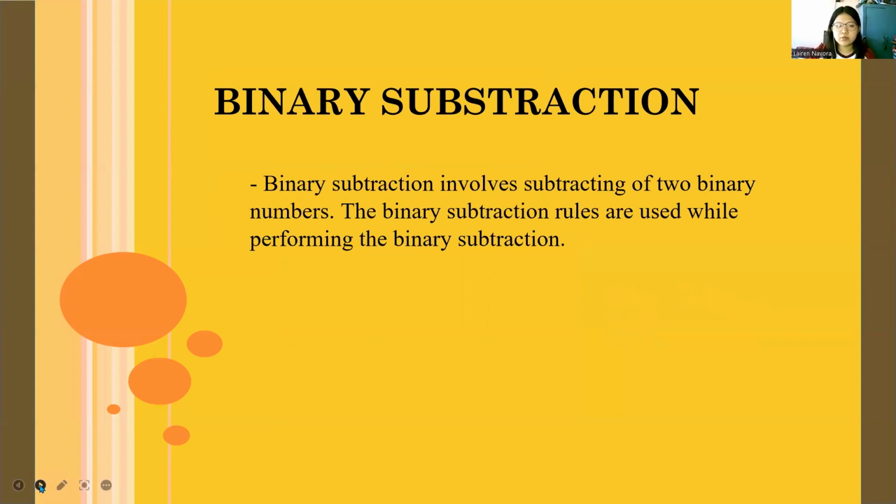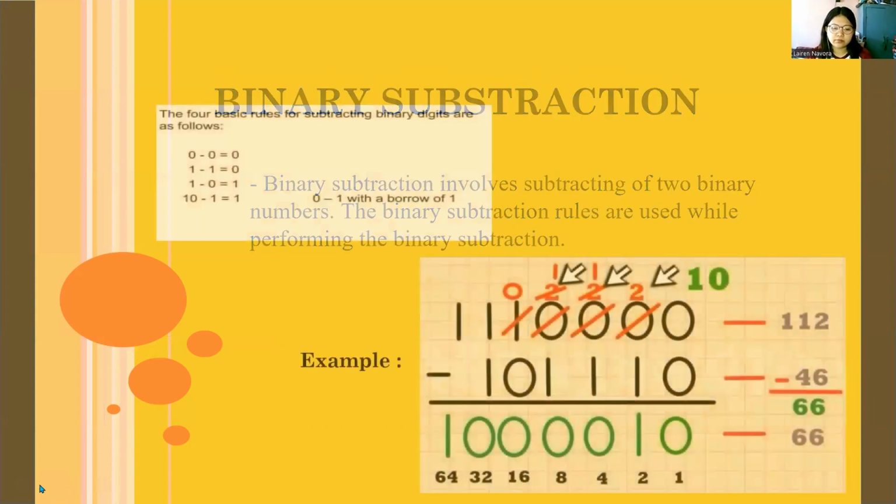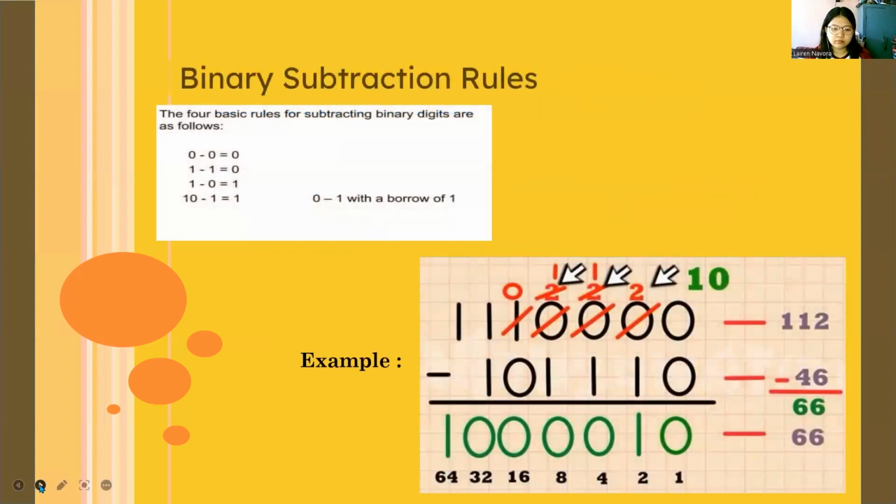Next is binary subtraction, which involves subtracting two binary numbers. The binary subtraction rules are used while performing binary subtraction. So, following are the rules for binary subtraction. In binary, 0 minus 0 is equal to 0, while 1 minus 0 is equal to 1.